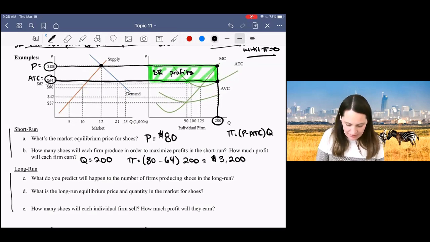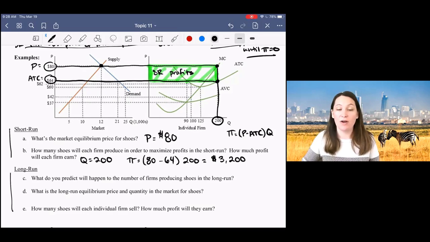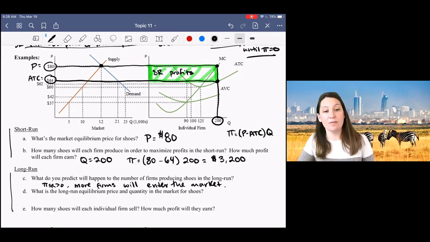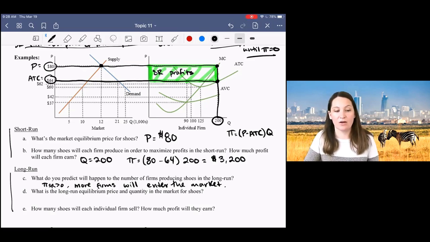In the long run, now we want to pay attention to entry or exit. So the first question is, what do you predict will happen to the number of firms producing shoes in the long run? Well, profits in the short run were positive, so firms are going to enter the market. In other words, the number of firms in the market will increase in the long run.